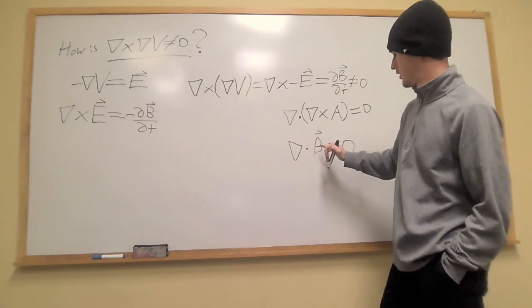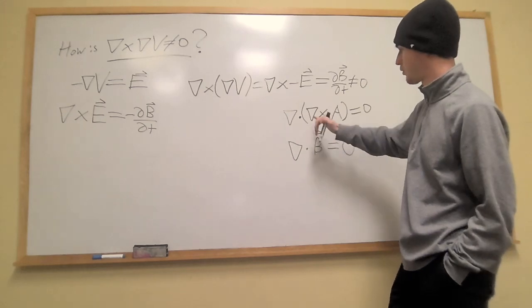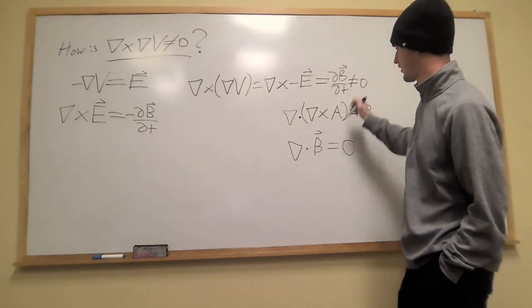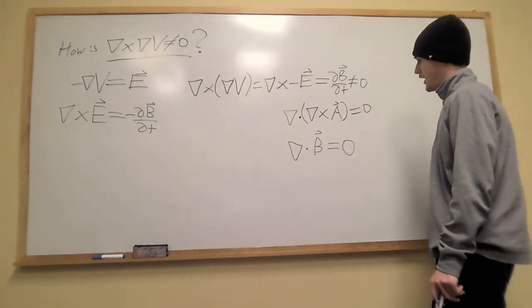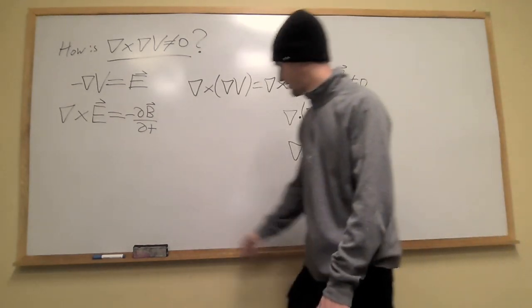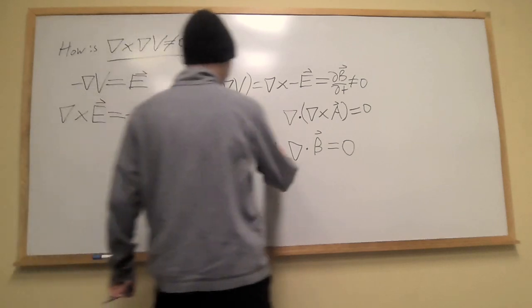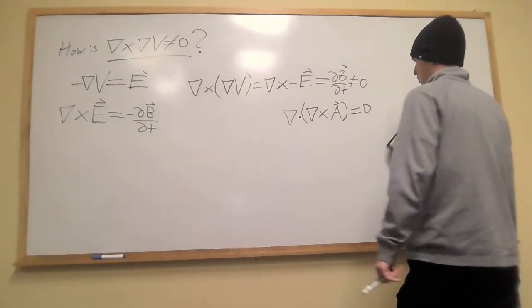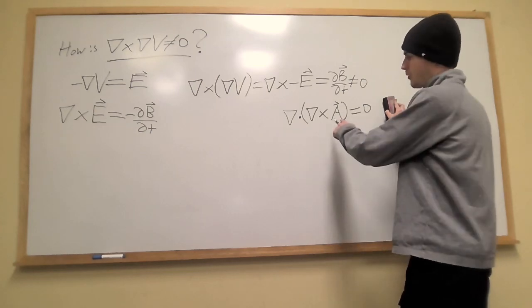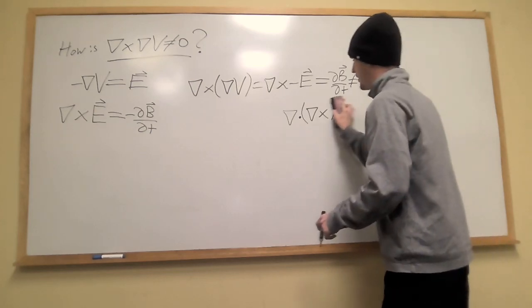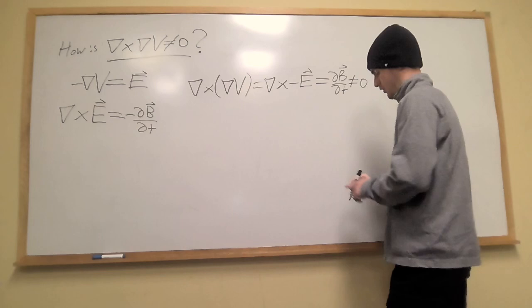Let's say that B is now equal to gradient cross A, which is a vector field. This is what we define as the magnetic potential, but don't worry about the language. Let's just see what we can do if we define B as gradient cross A.